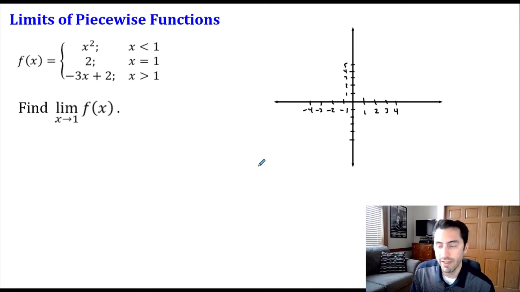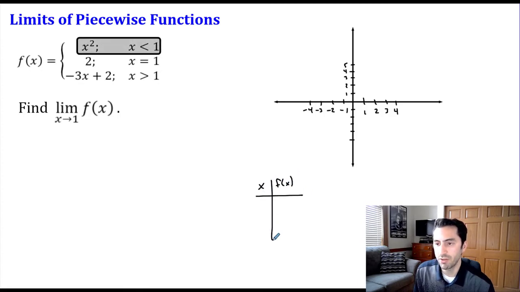Okay, now we do have multiple ways that we can graph a piecewise function. I can take a look at each piece individually and graph them, and then only use the part that we need. Or another way that I like to approach this is to create a little table of values for each of my different pieces. So let's start with one table of values just for our top equation, just the x squared.